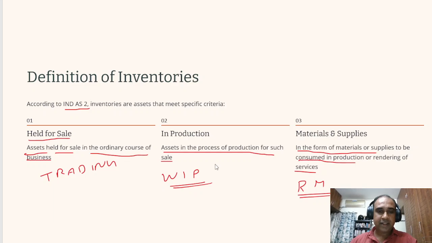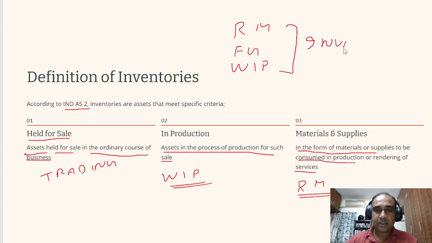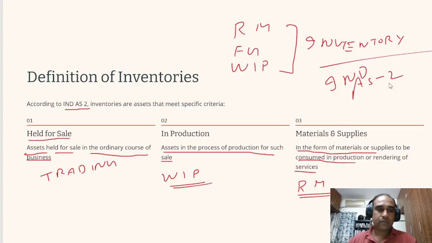So inventory can take the form of inventory of raw material, inventory of finished goods, or inventory of work in progress. All these form part of inventory. This is covered by this standard, under Ind AS 2. Clear?